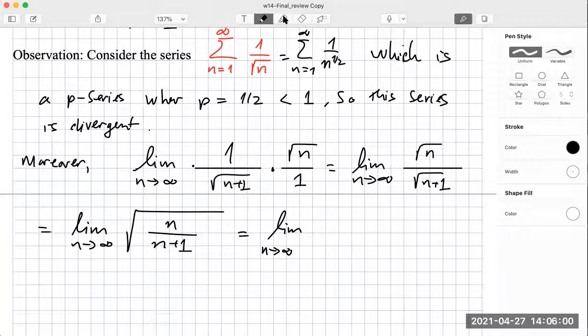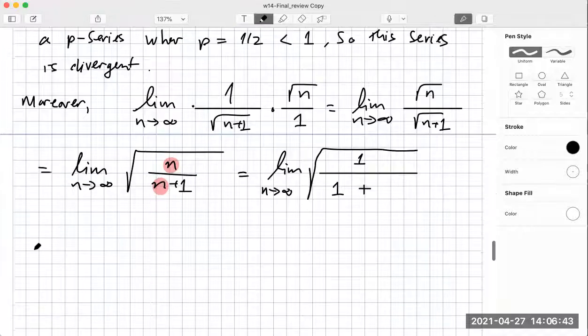Divide by n. Very good. Because the highest order of these two is n. So when we divide both numerator and denominator by n, the numerator becomes n by n, which is 1, right? And the denominator, n plus 1, divided by n.